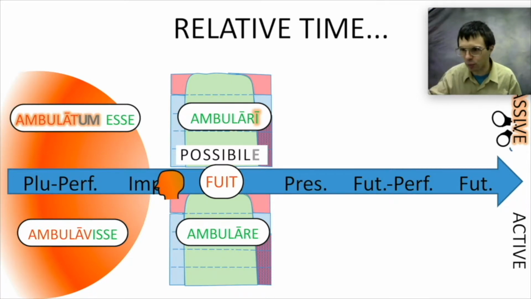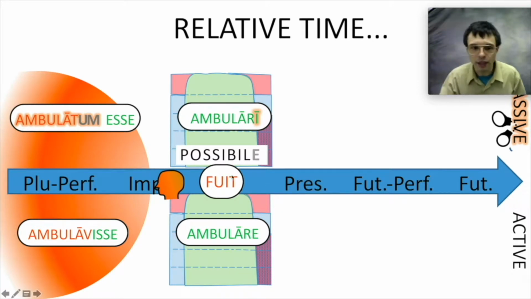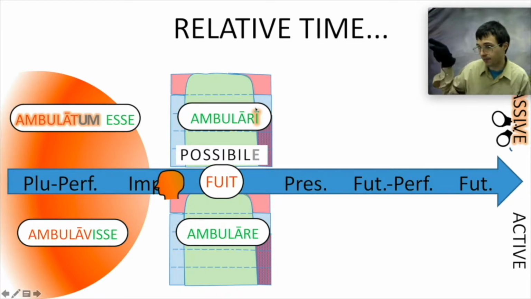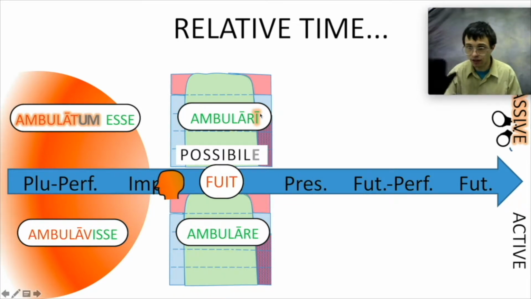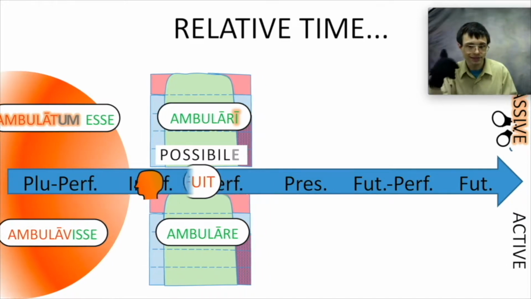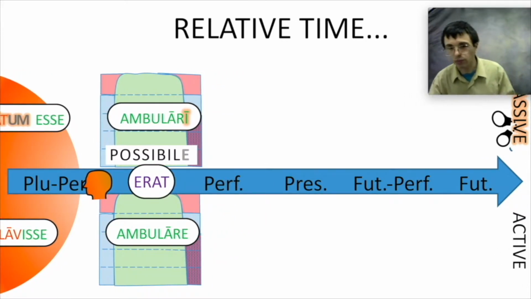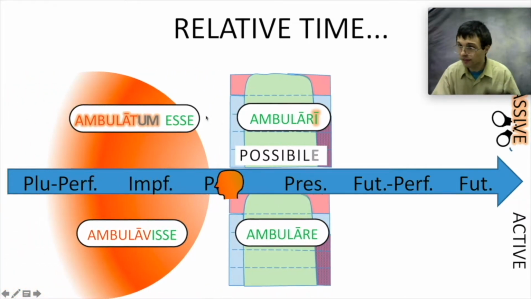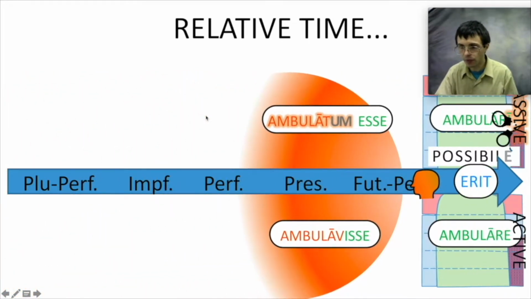Okay, but we're not going to get pluperfect till chapter 24. Or it was possible to be walked. There, the walking occurred back then, didn't it? Even though it's a present infinitive, it's not occurring now. It's occurring back then, right? Okay. And then same with was being. It was being possible to be walked. So this is relative time. Wherever the main verb goes, the cloud of secondary verbs goes with it.